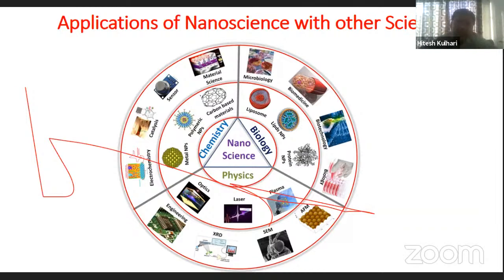It interacts with all these sciences at various levels. If you look at physics, the optical properties, laser properties, and plasma properties of materials are responsible for designing materials for various applications like semiconductor engineering, XRD, SEM, AFM.